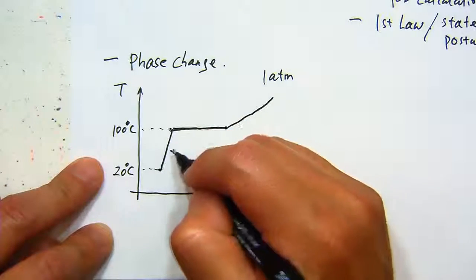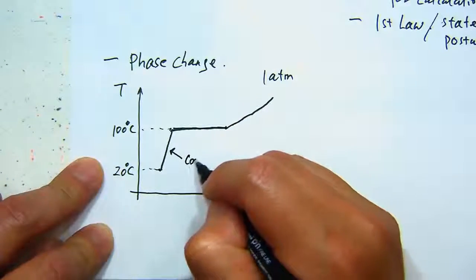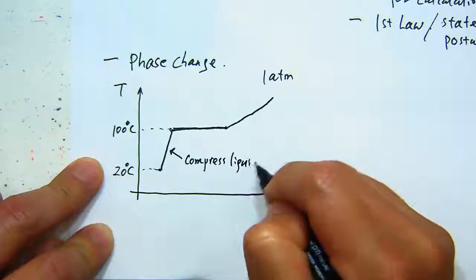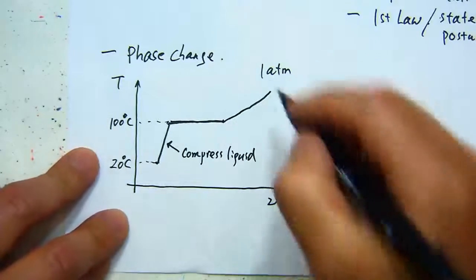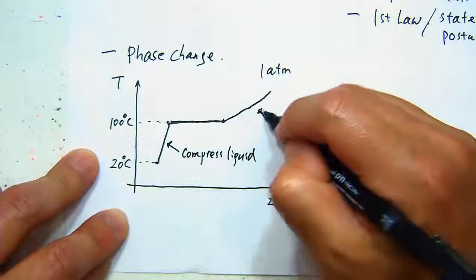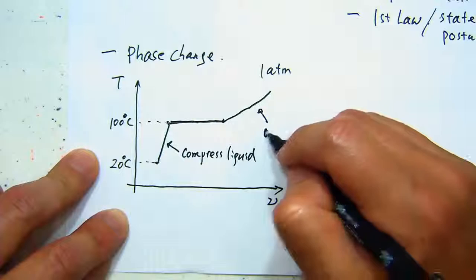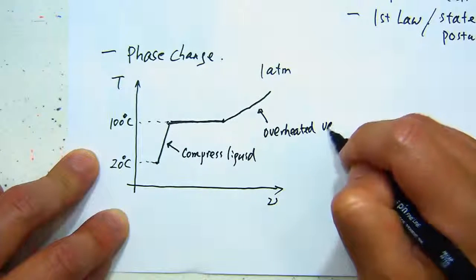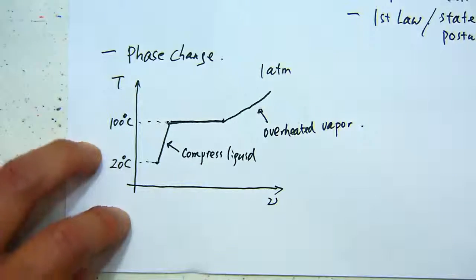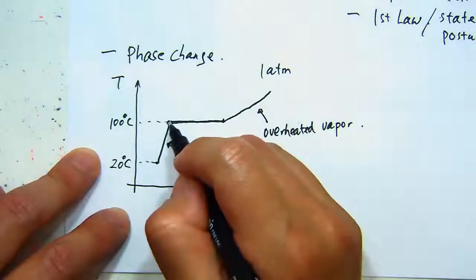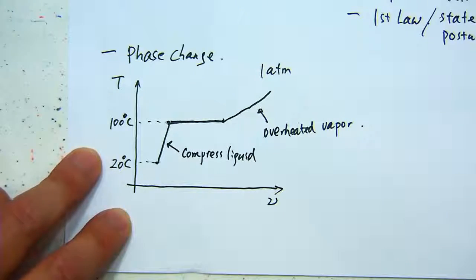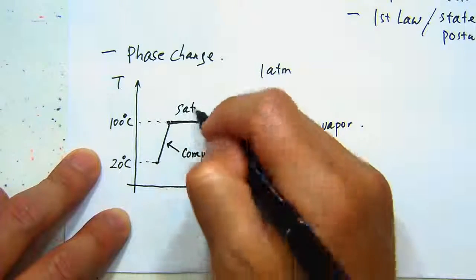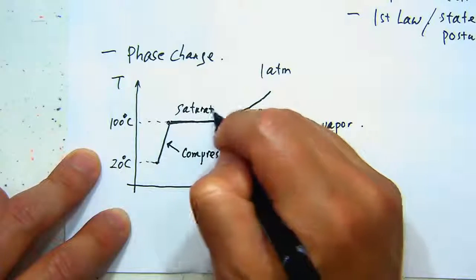So we define this state as a compressed liquid, and this state as the overheated vapor, and the state or the process during the phase change is called a saturated mixture.